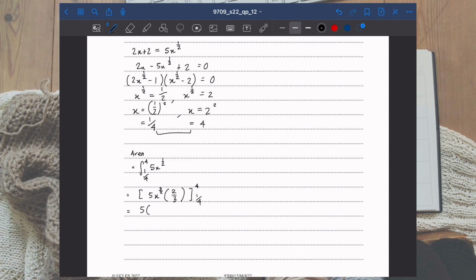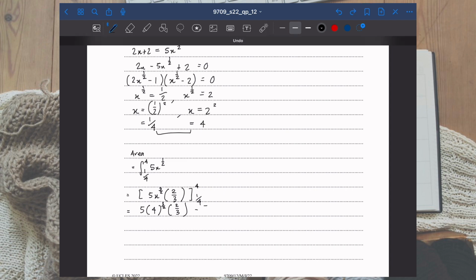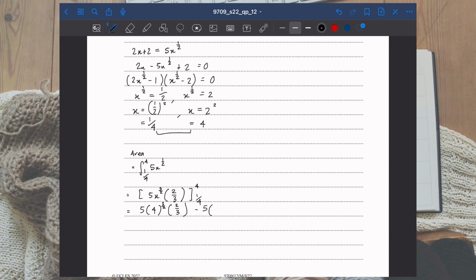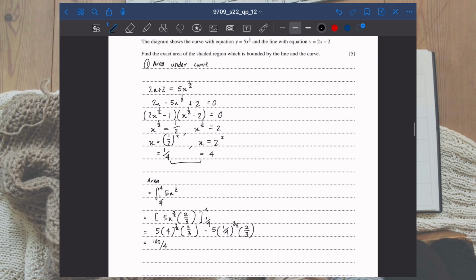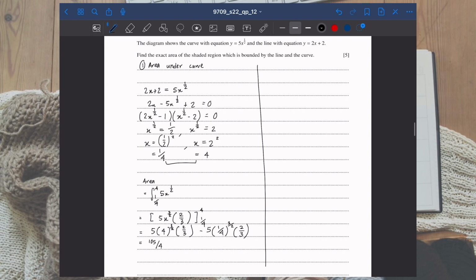So 5 times 4 power 3 over 2 times 2 over 3 minus 5 times 1 over 4 power 3 over 2 times 2 over 3. And you'll get 105 over 4. So this is your area under the curve. So now you'll need the area of the trapezium.